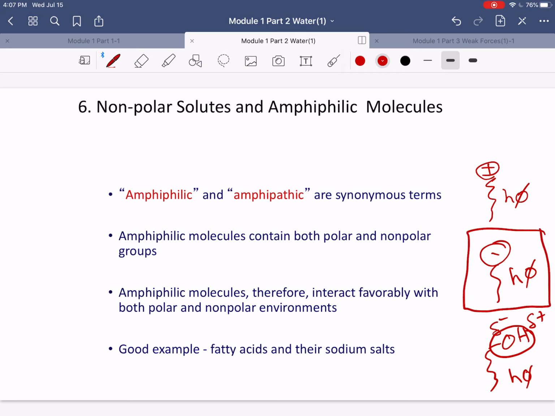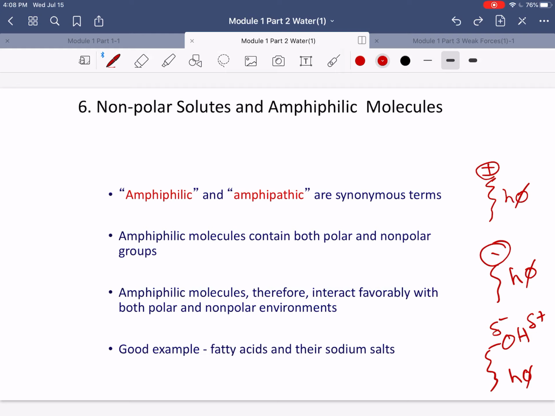It has a hydrophobic or nonpolar tail group, which likes to be buried in the dirt, which is typically oily, and a hydrophilic head group. Usually with soap, it's a negatively charged head group, because soap is either a group like this or a group like this.